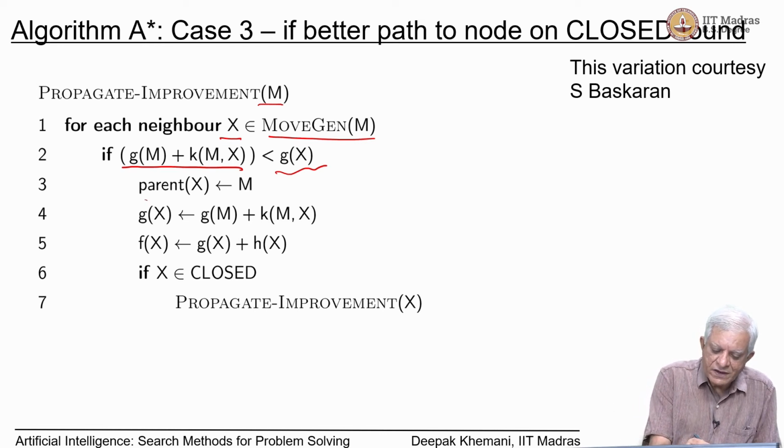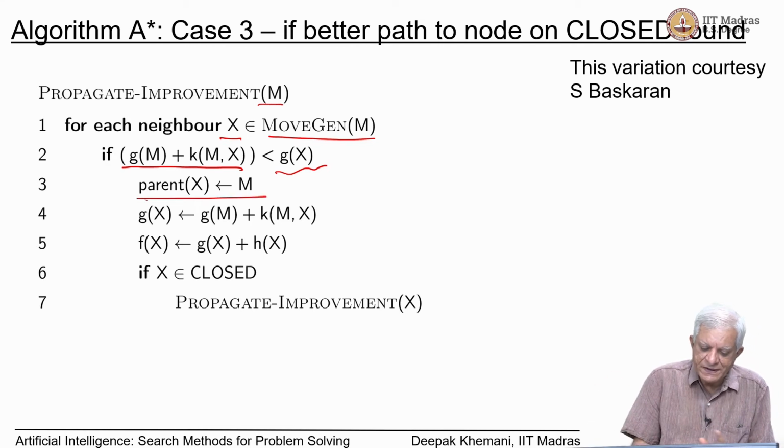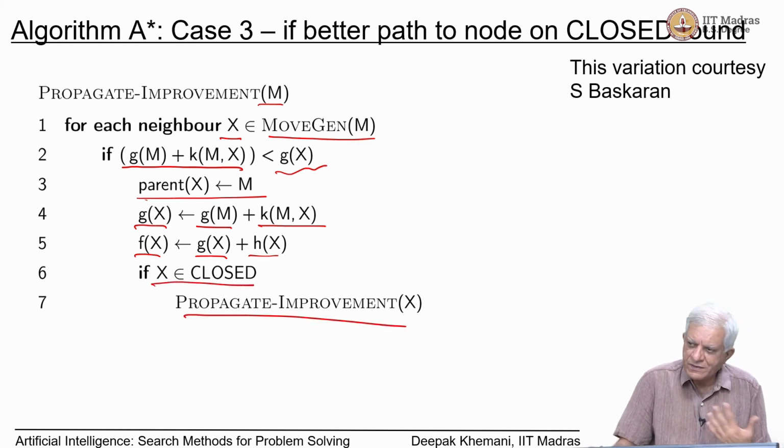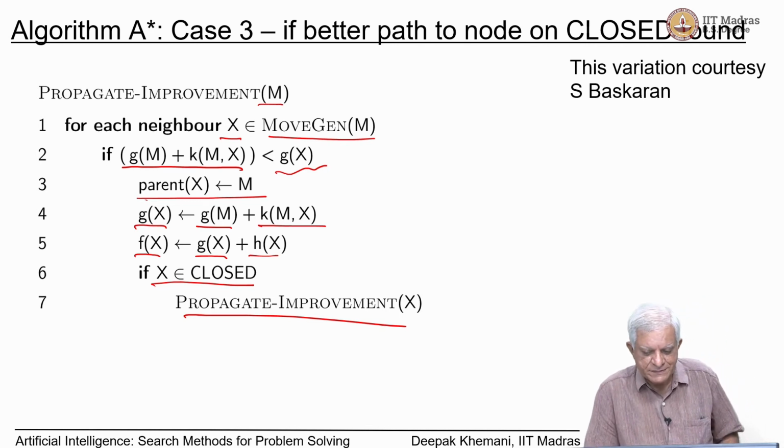So, we say okay, we have found a new path. So, parent of x must be m, g of x must be g of m plus k of m x, f of x must be g of x plus h of x, and if x also happens to be on closed, then we recursively call the propagate improvement algorithm to do that.